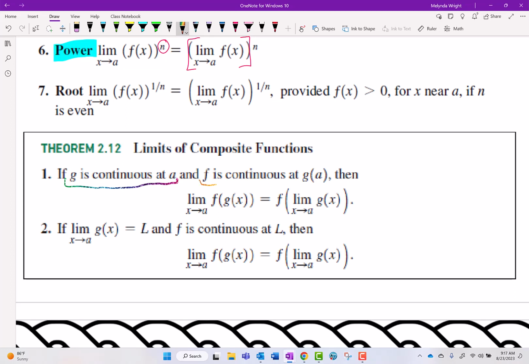And F has to be continuous at G of A, that y value. If that's true, then we can do F of the limit. We would do the limit of G of X first, and then put that number in F and get our answer.